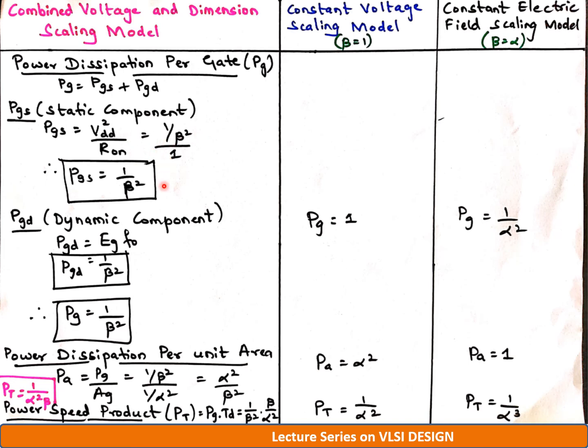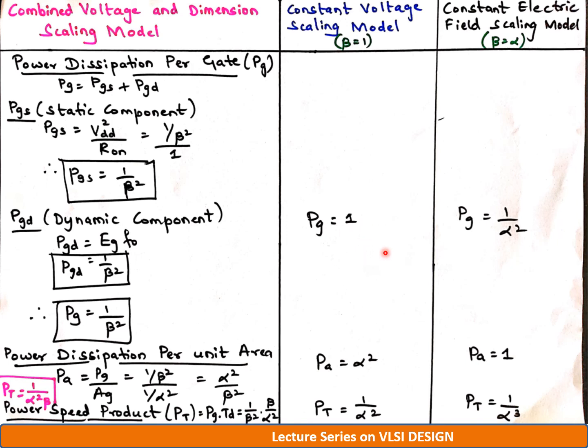Therefore, the scaling factor for static power dissipation is 1 by beta square. Dynamic power dissipation is due to energy into frequency, so the scaling factor for dynamic dissipation is 1 by beta square. Therefore, the scaling factor for power dissipation per gate is 1 by beta square in the combined V and D model.